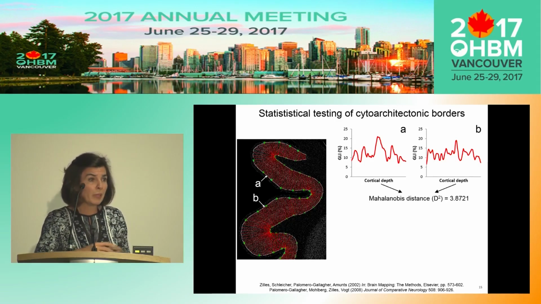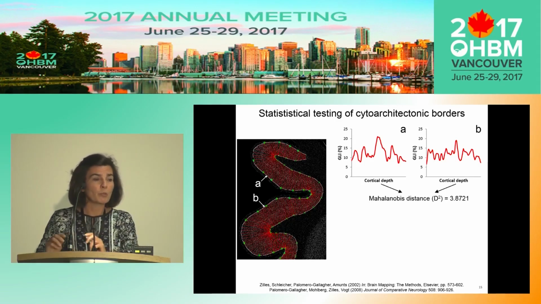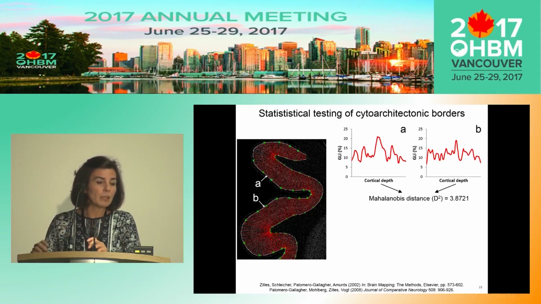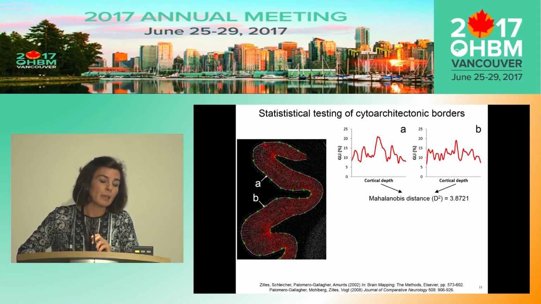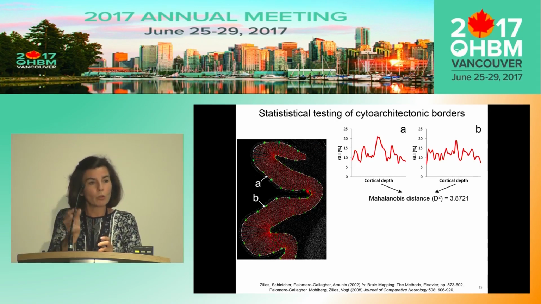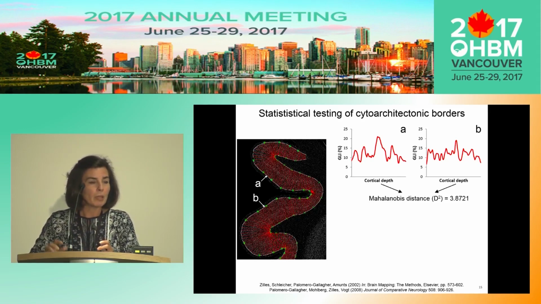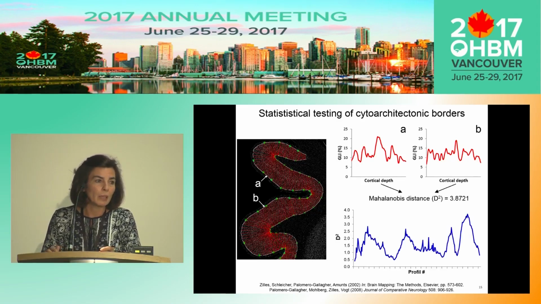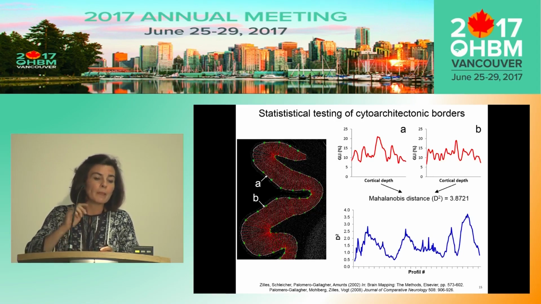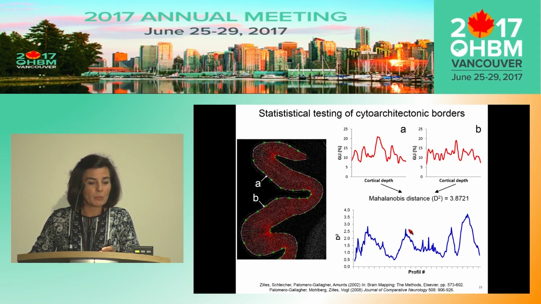Now, we don't just compare pairs of profiles arbitrarily taken from the cortex. What we do is we systematically compare pairs of profiles or adjacent blocks of profiles along the cortical ribbon, and for each one of these comparisons we calculate a Mahalanobis distance, and that's how we obtain a Mahalanobis plot. And then you see that there are different peaks along this plot here.